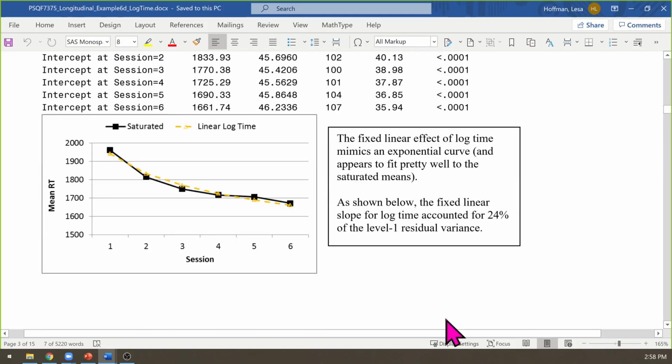Damn. Does this work or what? The yellow line is the prediction from a linear effect of log transform time after you unlog it, exponentiate it. I like unlog it better because that makes more sense to me. So that's not bad.